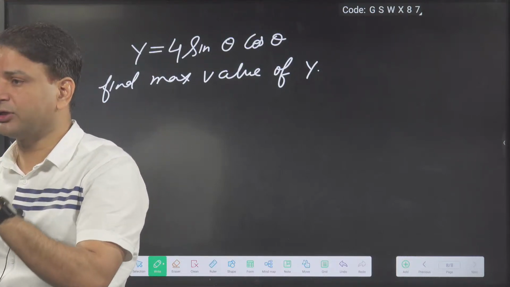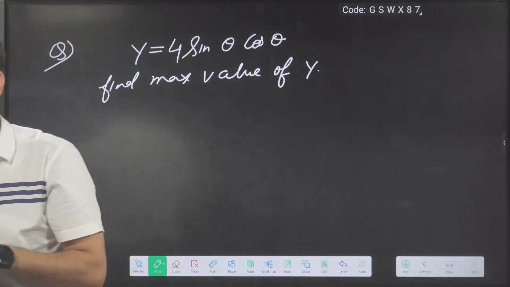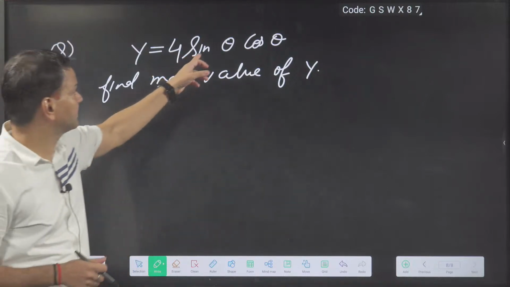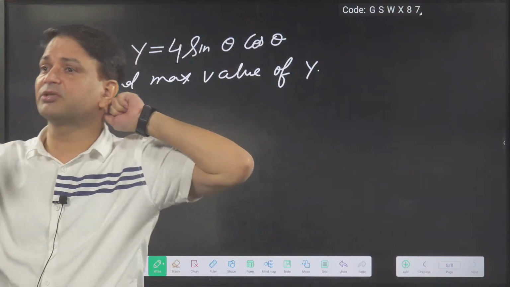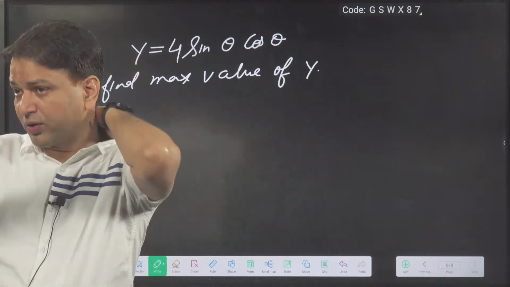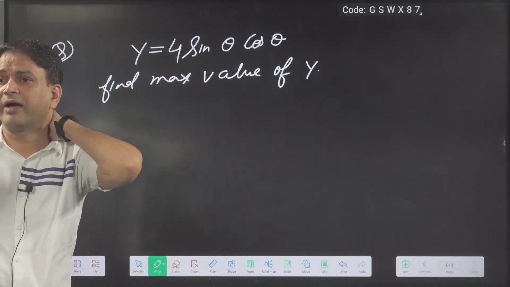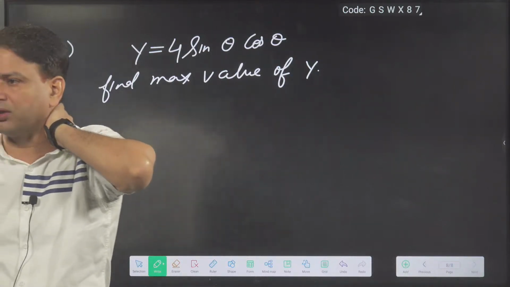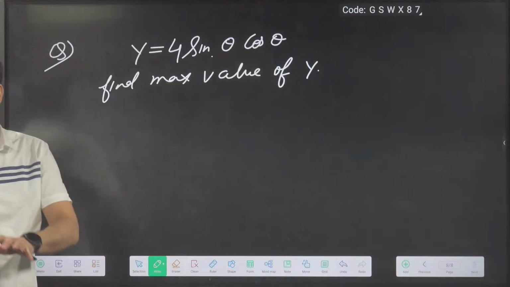Why? Because in sine 2 theta we get sine theta cos theta in the multiplication. Both I cannot decide together, because one will be maximum, other will be minimum. So first I will convert into either sine or cos.